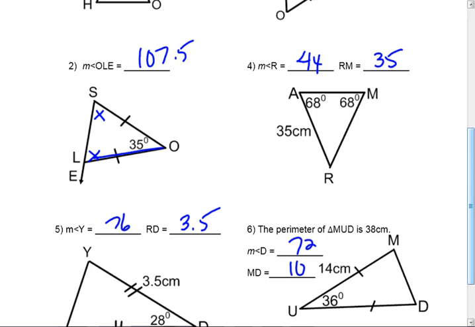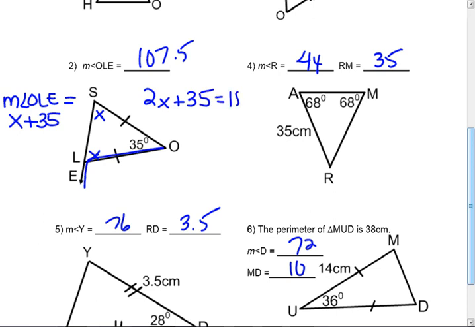The exterior angle theorem says the measure of angle OLE equals X plus 35. I just have to figure out what X is. And I know that if I add 2 X's and 35, I get 180. TJ, did you get that? Yeah.